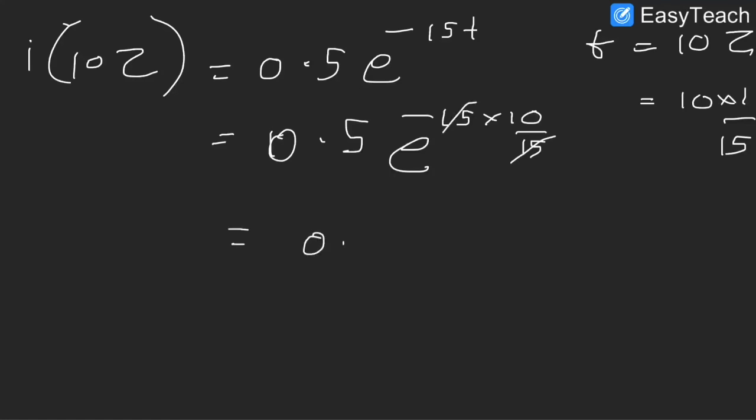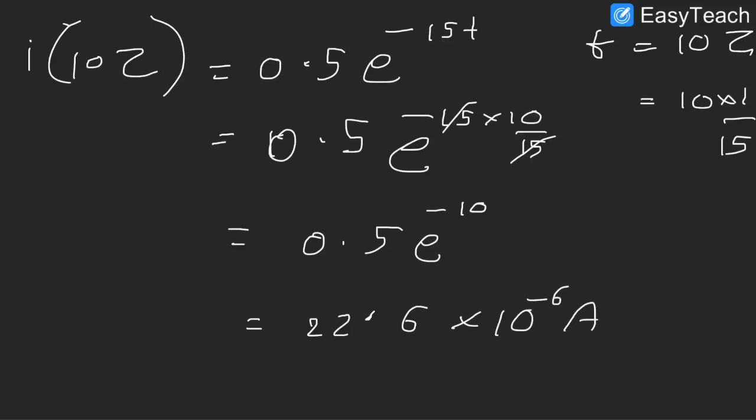The 15 cancels, so it's 0.5 into e to the power of minus 10. That is going to be 22.6 into 10 to the power of minus 6 amperes when simplified.